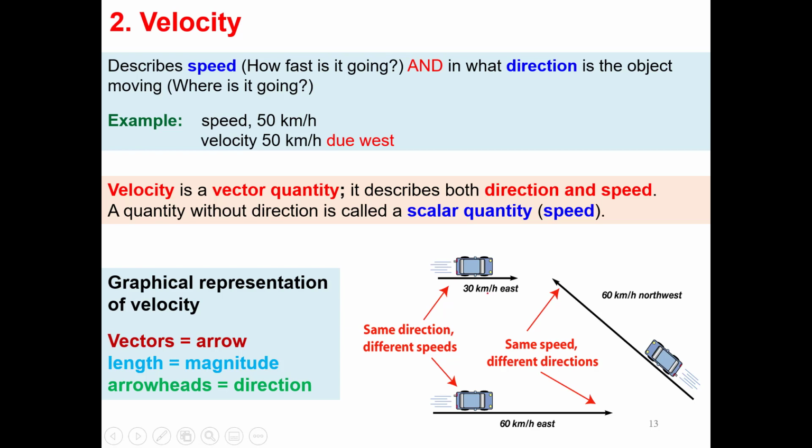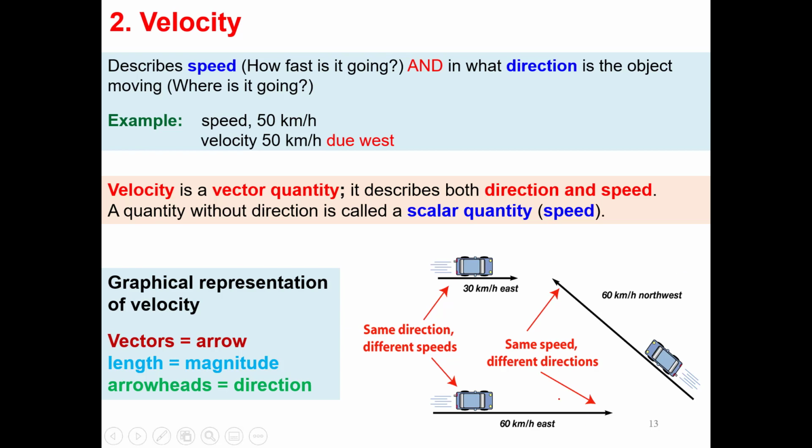For example, in this case, we had these two cars. The first car is moving at 30 kilometers per hour in the east direction, and the second one is moving at 60 kilometers per hour in the east direction. These two cars are moving in the same direction but with different speeds.